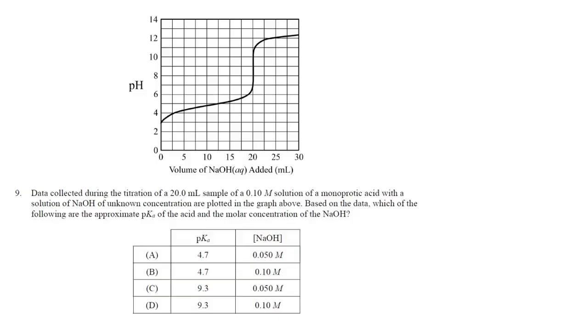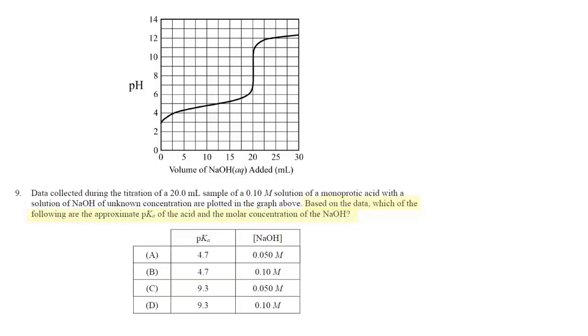So we know the concentration of the acid, we don't know the concentration of the base, the sodium hydroxide. The acid is monoprotic, so there's that 1-to-1 ratio that we've seen before. Now we come to the question: based on the data, which of the following are the approximate pKa of the acid and the molar concentration of the sodium hydroxide? Let's start with the pKa.